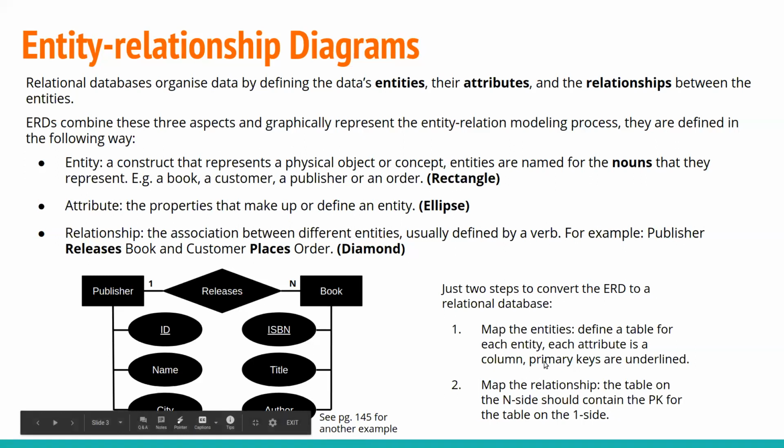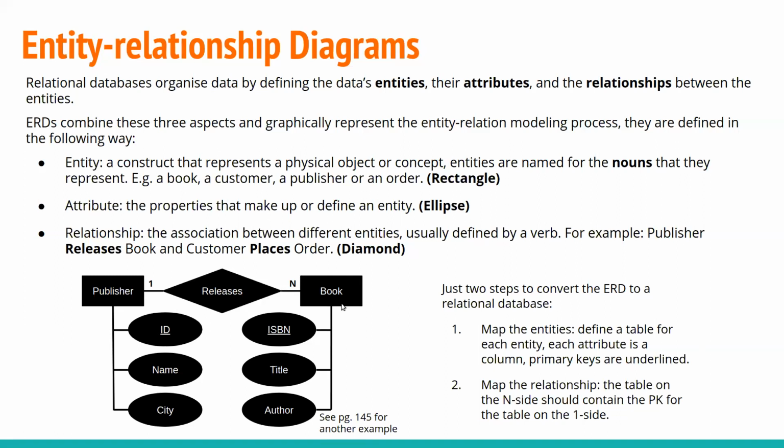The primary keys are the ones that are underlined, but we'll talk about that now. Then we map the relationship to the two tables. For a one-to-many relationship, all we're going to do is put the primary key of the publisher inside the book table. But you'll see that now.